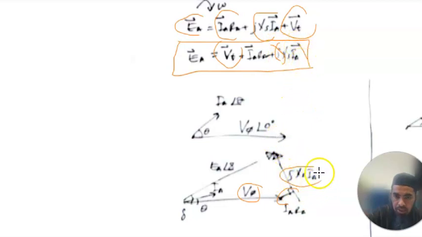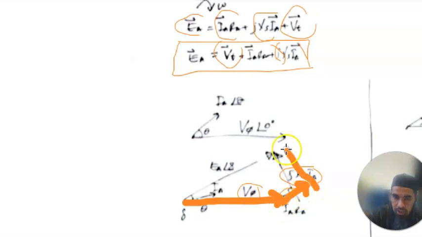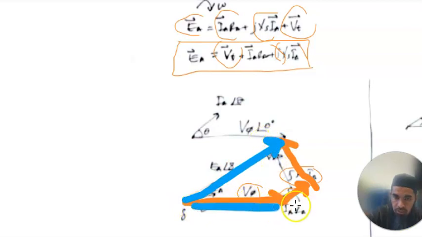It means that EA is the sum of V phase plus IARA, plus JXSIA. And this is your result of EA.